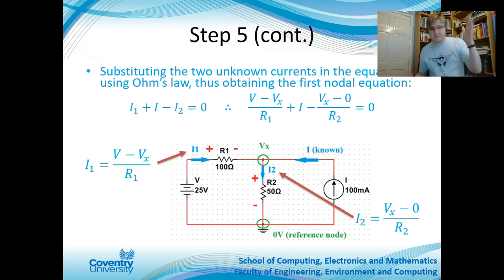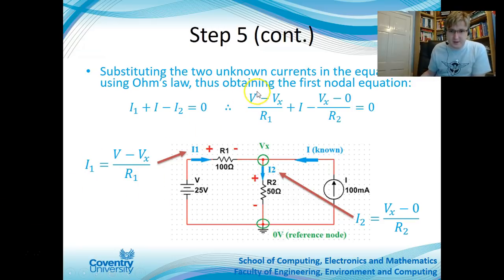We have V on one side, a resistor, and then the unknown value Vx on the other side. So there's a drop of V minus Vx across that resistor, and to find the current, we divide by the value of the resistor, which we know. For R1, we know what V is, we know what R1 is, we just don't know what Vx is. That's our unknown value here.